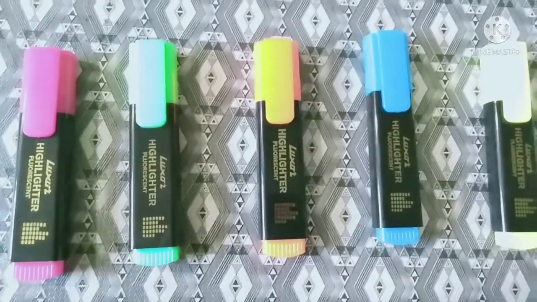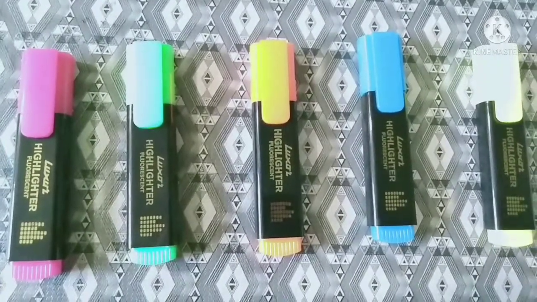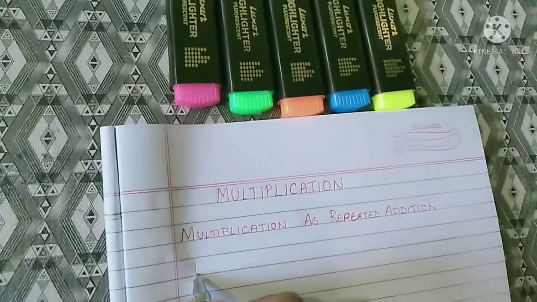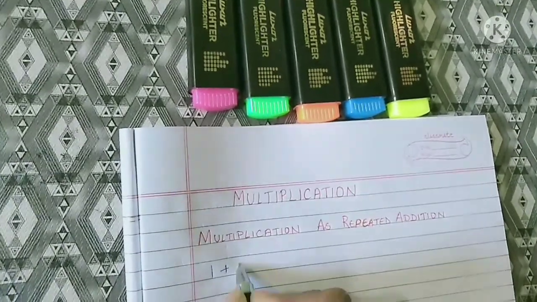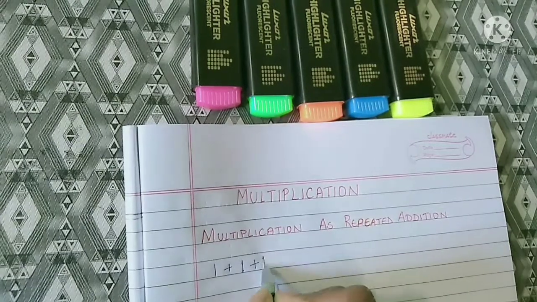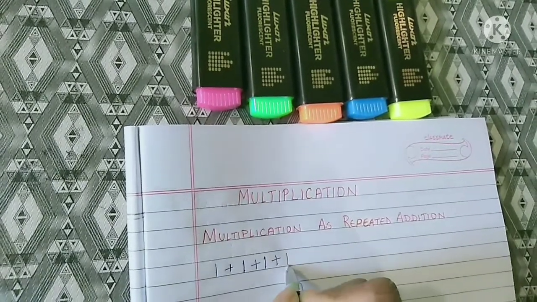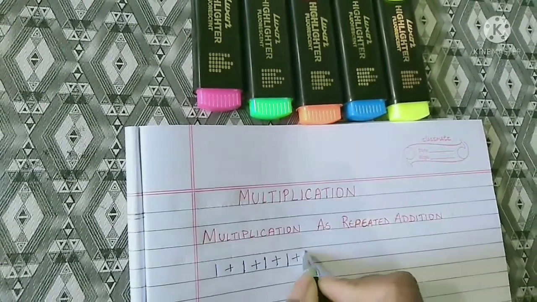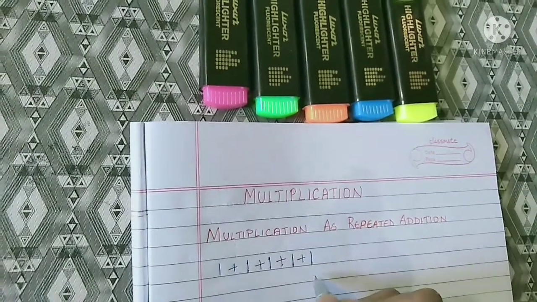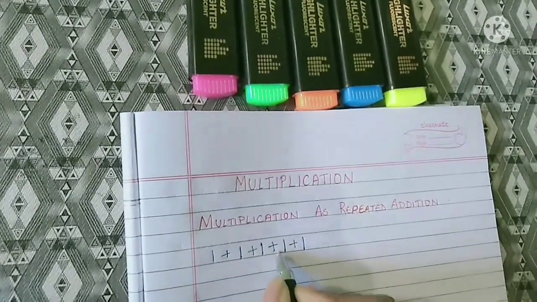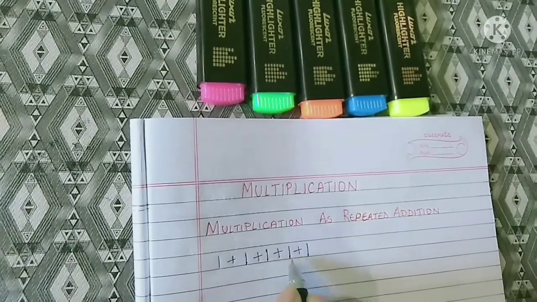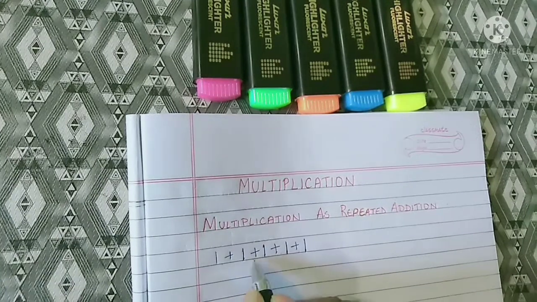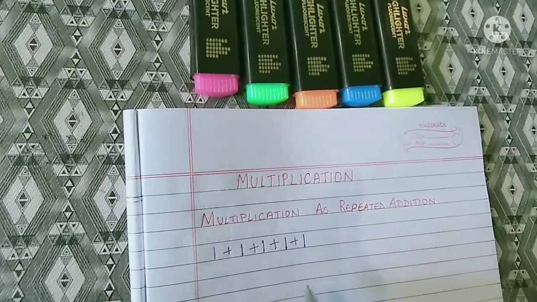For repeated addition, we will write one pink color pen, one green color pen, one orange color pen, one blue color pen and one fluorescent color pen. So total we have 5 pens. For repeated addition we write 1 plus 1 plus 1 plus 1 plus 1.